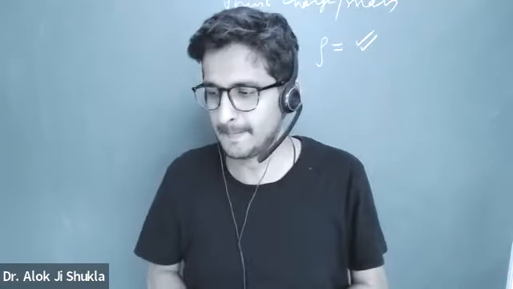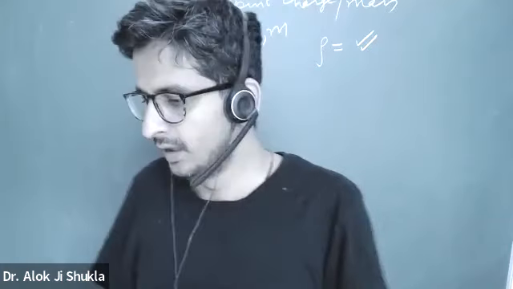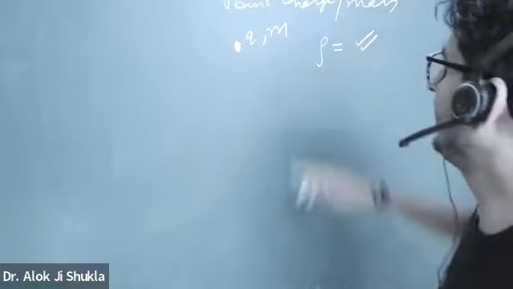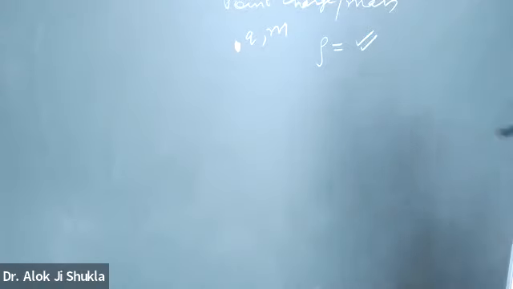Tell me. Using the delta function. The delta function is something which is present at one point and absent at all other points. Yes or no? Yes, sir. This is the beauty that we can represent the point charge or point mass using the delta function.